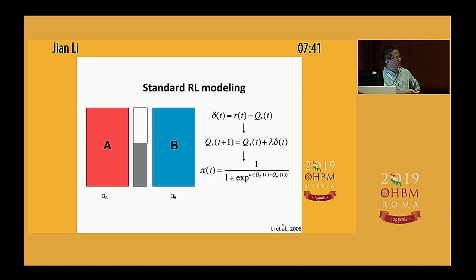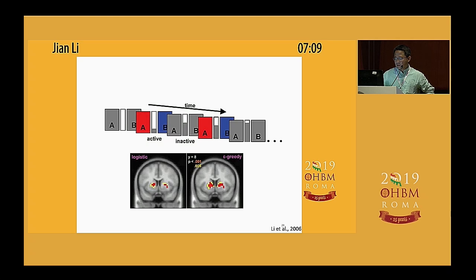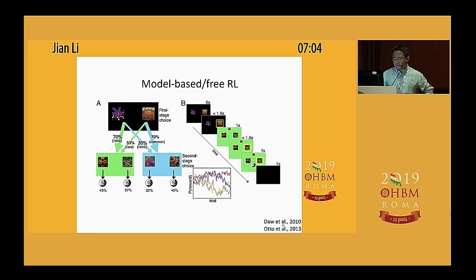For example, you press this option, you get a certain amount of reward, and use that to subtract the previous expectation to generate the prediction error signal, and use that error signal to update your value expectations for both option A and option B. Once you have fairly accurate representations of the state or action values, then you can feed them into the action generation process.